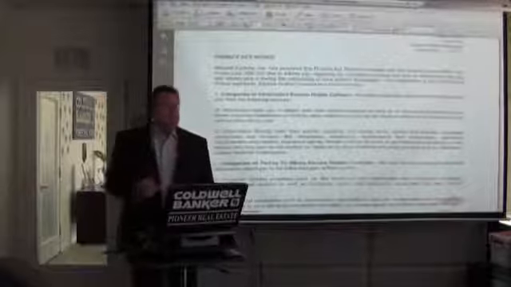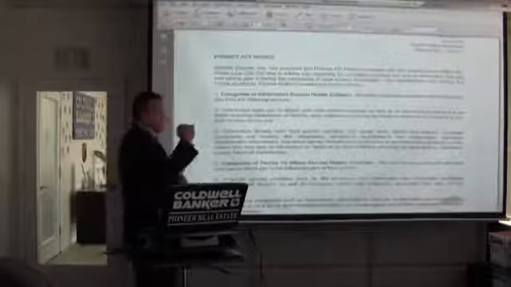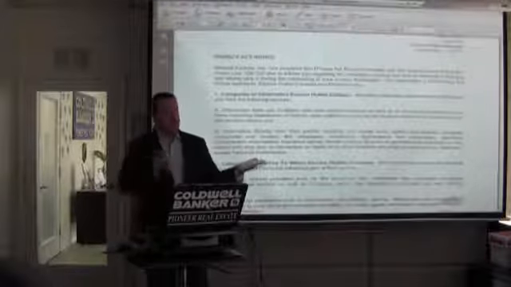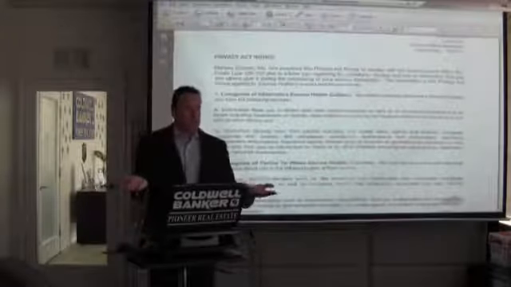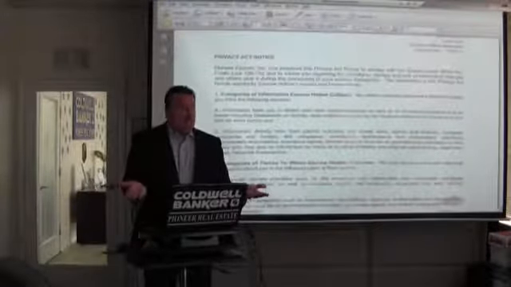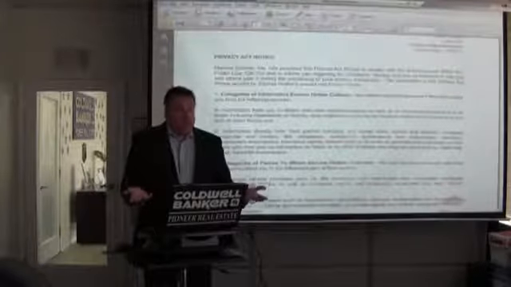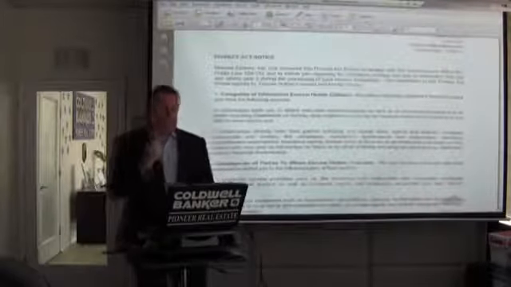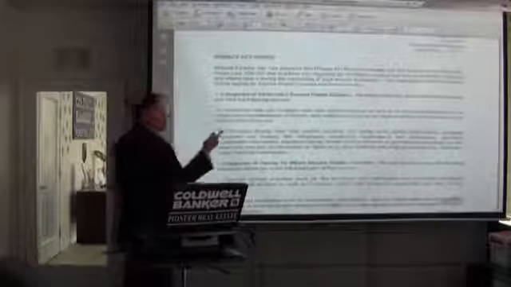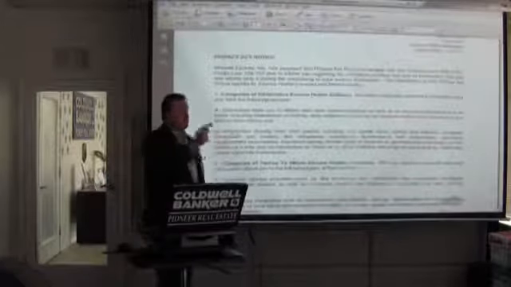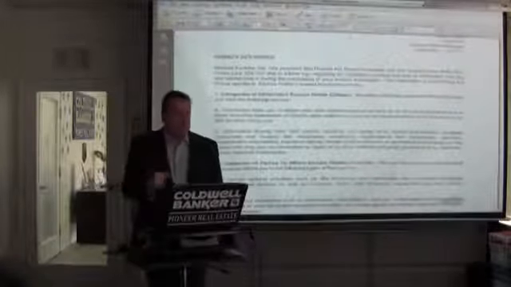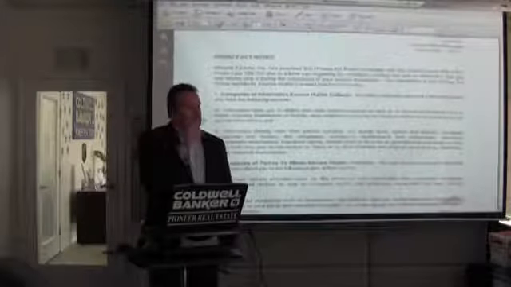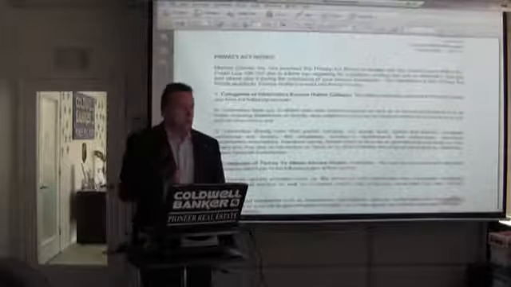On a statement of information, which by the way is a one-page form, in every single escrow that you will ever do in your life, the buyer and the seller will fill out a statement of information. And it is exactly what it says. Give us information. Who are you? Where do you live? Where have you lived for the last 10 years? Give me the addresses. Give me the dates. When did you move in? When did you move out?